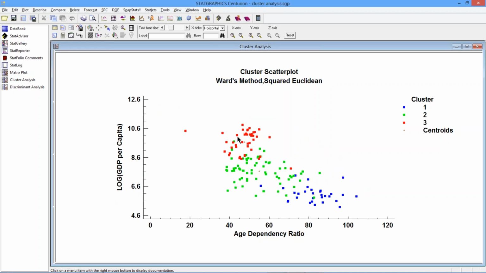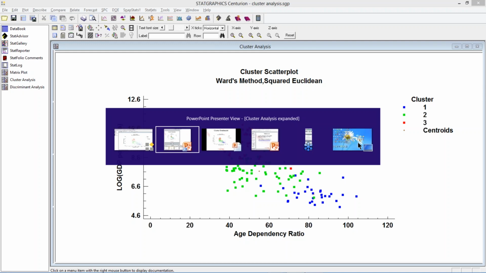Okay, here you can see 3 groups of countries, and they are pretty well grouped by GDP. And the age dependency ratio sort of contrasts the blue group with the green and the red groups. Okay, so the lesson there is that the discriminant analysis is very useful for helping identify what variables were most important in determining the clusters.